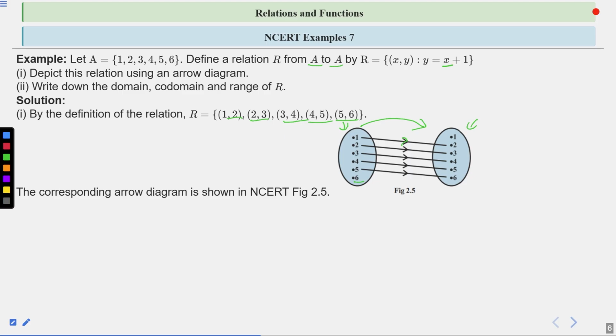But the ordered pair (6, 7) is not going to be in this relation R. Why? Because in order to get any ordered pair in this relation R, both elements in the first and second position of the ordered pair must be from where? From set A. Clear? But 7 doesn't belong to set A. So 6 is not associated or related to any element. Clear? So this will be our arrow diagram.